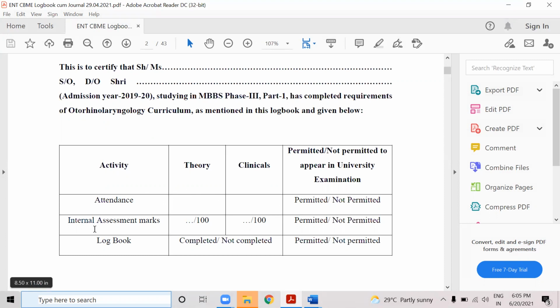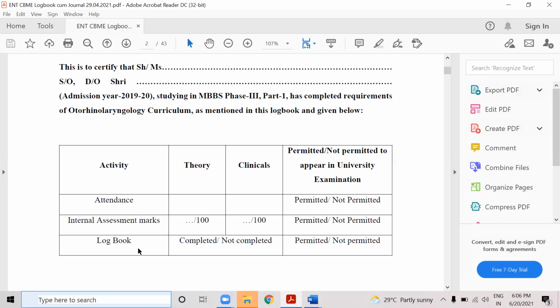Second eligibility criteria is the internal assessment marks. Now these internal assessment marks are in theory out of 100, in practicals out of 100. We know that individually they should get more than 40% in theory and practicals, and combined it should be more than 50%. So again, we will mention whatever marks they have got during their ENT training and whether they are permitted for university examination or not.